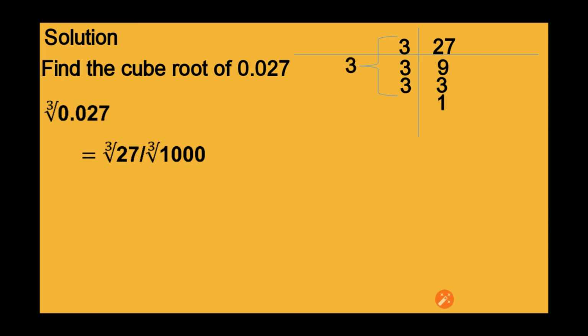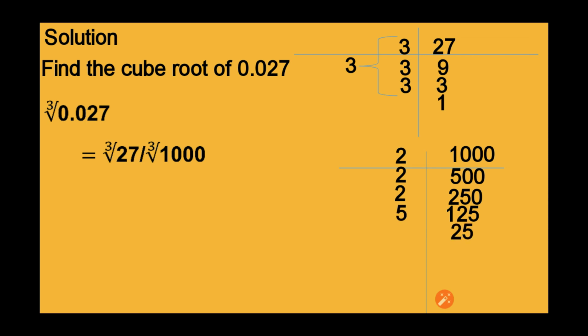I also go further by finding the cube root of 1000. 2 can divide 1000. 2 into 1000 gives me 500. 2 can also go into 500. That gives me 250. 2 can also divide 250. That gives me 125. 5 into 125 gives me 25. 5 into 25 gives me 5. 5 into 5 gives me 1.